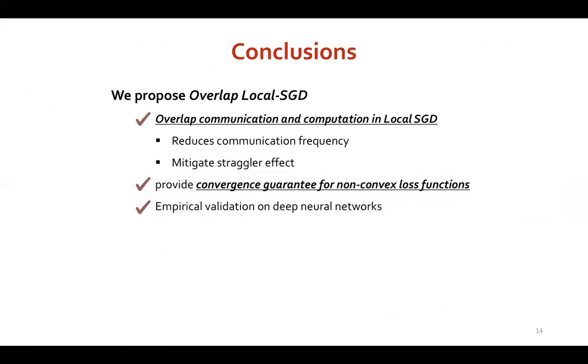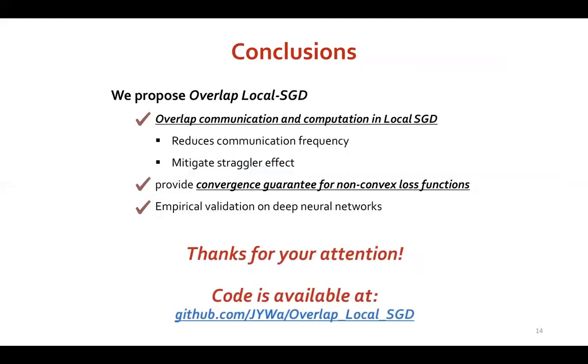And it does this while providing strong convergence guarantees that hold for non-convex loss functions and also hold for non-IID data partitions across the different nodes. And we validated the performance of this method on deep neural network models and showed that it actually works in practice.